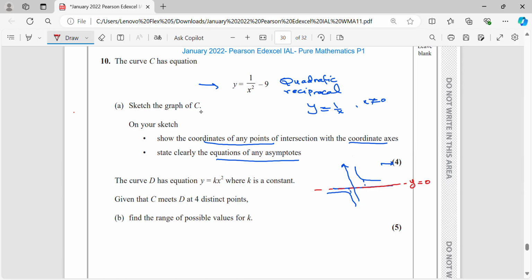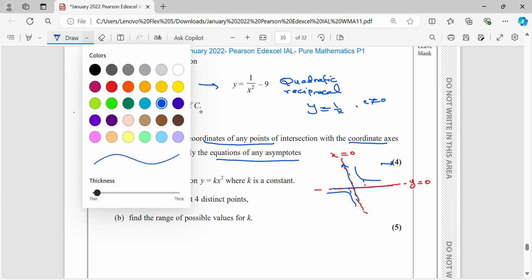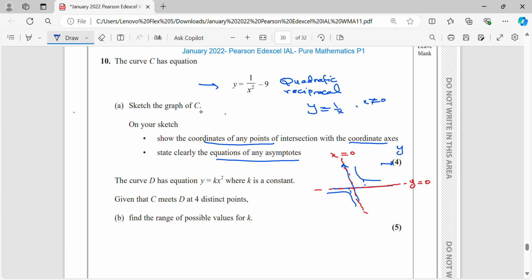This is a horizontal asymptote, y equals 0. And if I draw a vertical asymptote, here the vertical asymptote is x equals 0. So this graph is basically a reciprocal graph, y equals 1 over x.